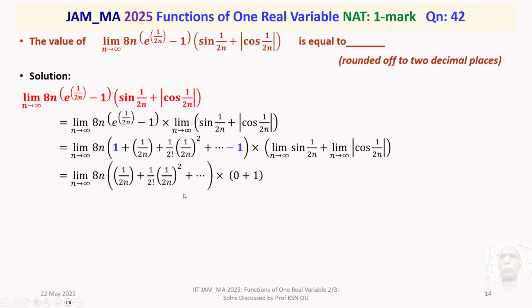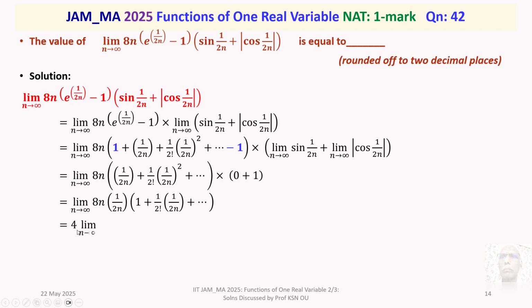Now in this you take 1 by 2n common: limit n tends to infinity of 8n into 1 by 2n into (1 plus 1 by 2 factorial into 1 by 2n plus higher powers of 1 by 2n). Now 8n into 1 by 2n, n cancels, 8 by 2 is 4.